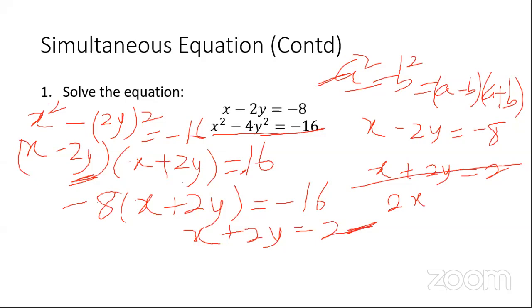Minus 2y plus 2y will give me 0, equals minus 8 plus 2. Minus 8 plus 2 is minus 6. If you divide both sides by 2, I have my x equals minus 3.